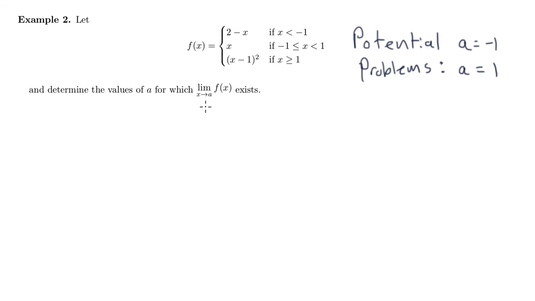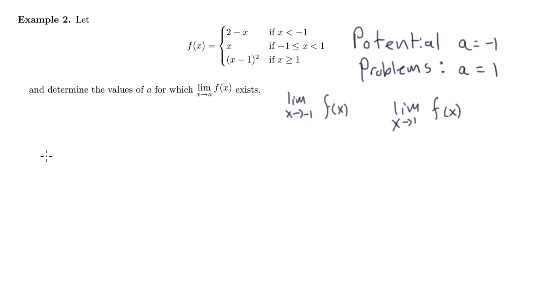So what we're going to do is try to evaluate the limit as x approaches -1 of f of x, and the limit as x approaches 1 of f of x, and see if those exist. And we're going to see if they exist by actually evaluating the left and right hand limits.